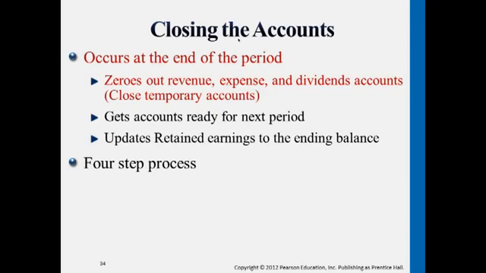Okay, so closing entry, zeroing out, setting revenues, expenses, and dividends back to zero, simply means we're transferring the amount into retained earnings. And then starting from next season, next month, or next quarter, you will be adding new revenues information here, new expenses, new dividends, if the company decides to give out any.